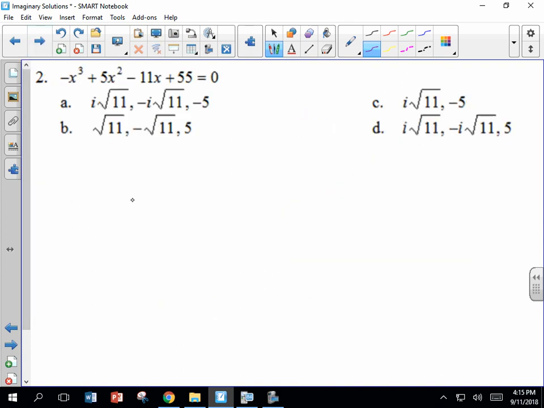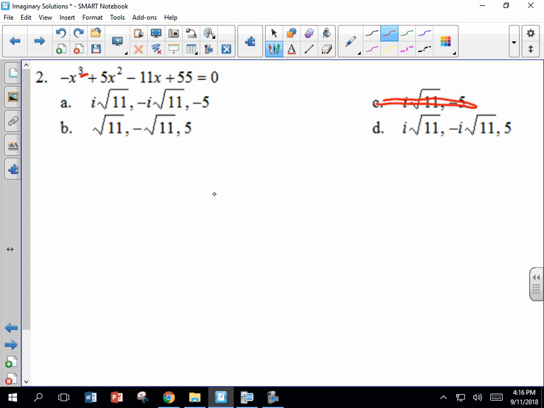All right, let's do one more. Looking here, I have a negative x cubed. The cubed is the highest exponent. So once again, I'm looking for 3 possible solutions. A has 3 possible, B has 3 possible, C has 2 possible. That's not going to cut it. We have to have 3.